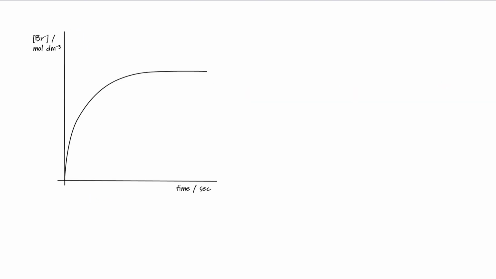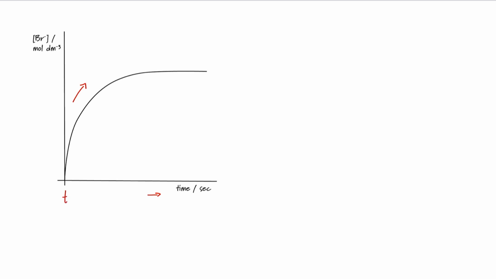We can also measure the rate of reaction by measuring how quickly one of the products appears over time, in this case bromide ions, and the graph would look like so. The concentration of bromide ions is increasing with time because it's the product.